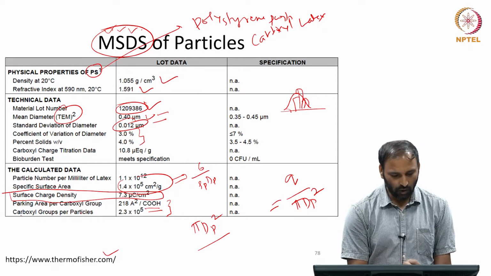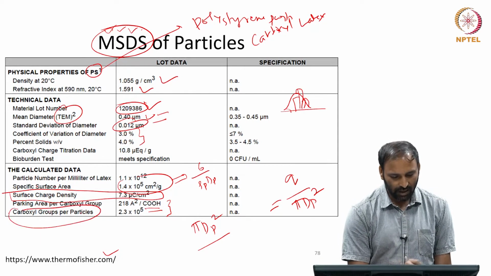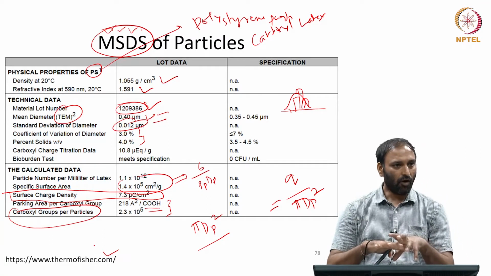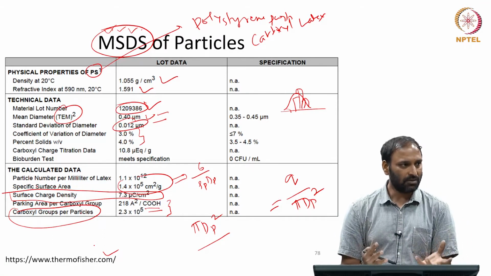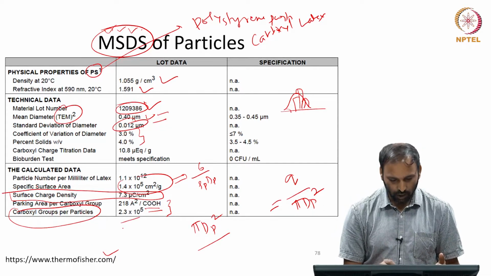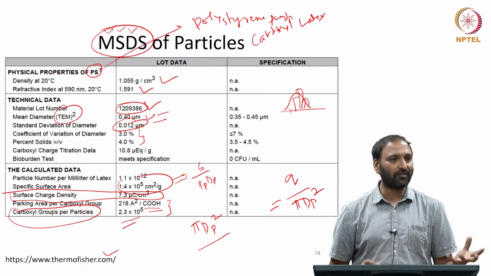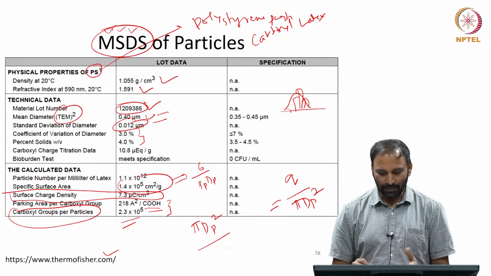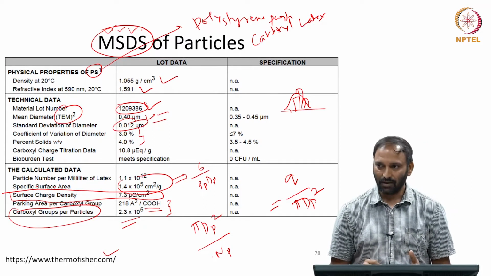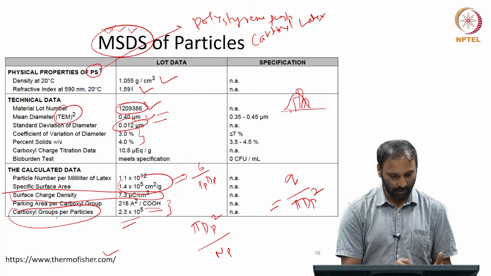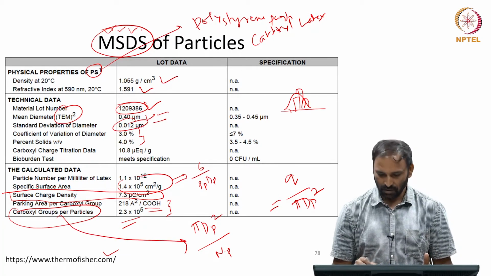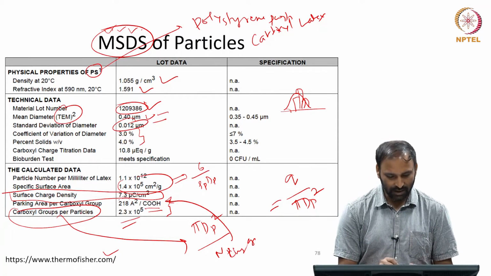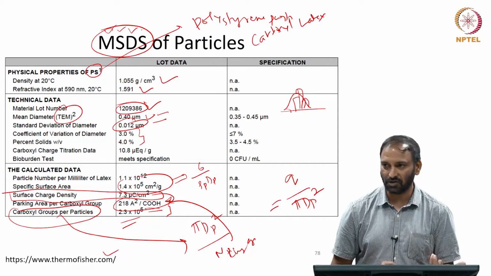They also give you this quantity, carboxyl groups per particle. That means on the particle surface there are 2.3 into 10 power 5 charge groups. Therefore, pi dp square divided by np, the number of charge groups, will give you this quantity.